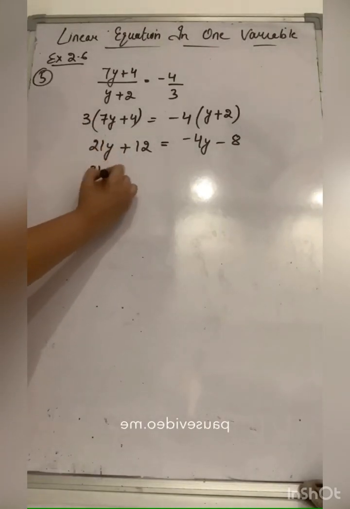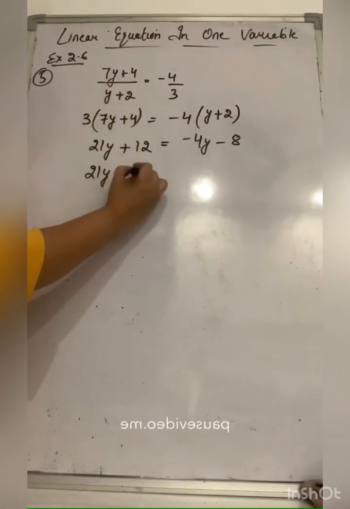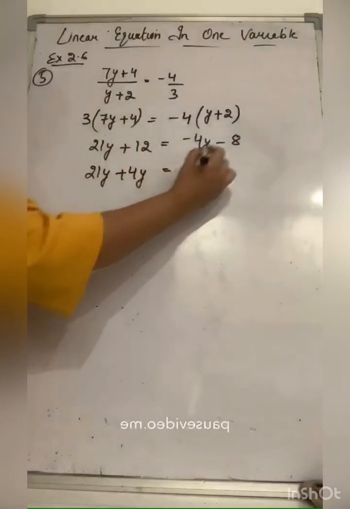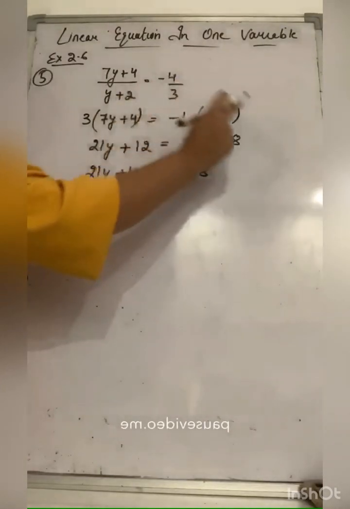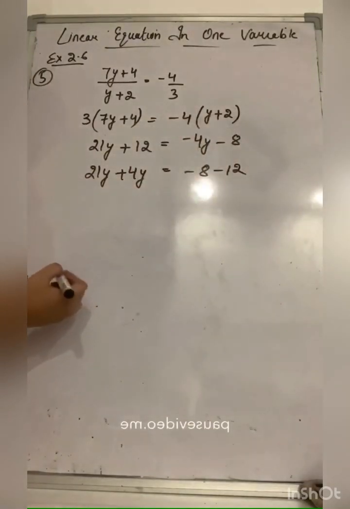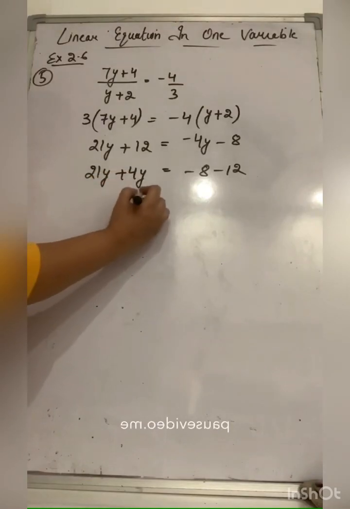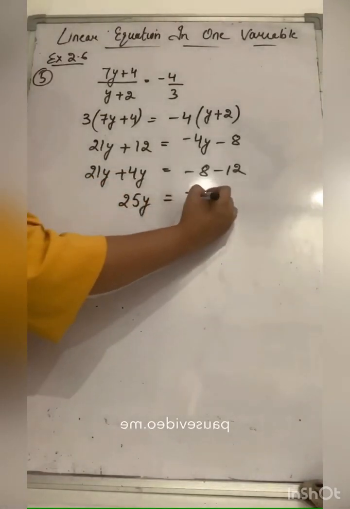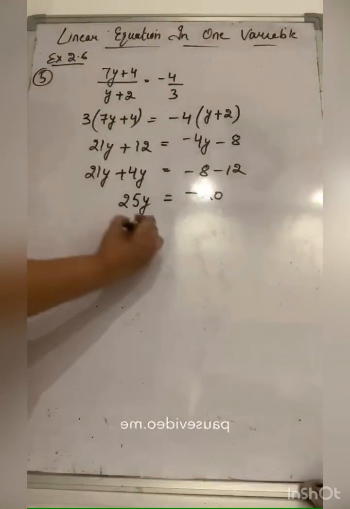So 21y minus 4y will come on the left hand side. It will become plus 4y minus 8, and this plus 12, when it will go on the right hand side, it will become minus 12. So now 21y plus 4y is 25y, minus 8 and minus 12 is minus 20.